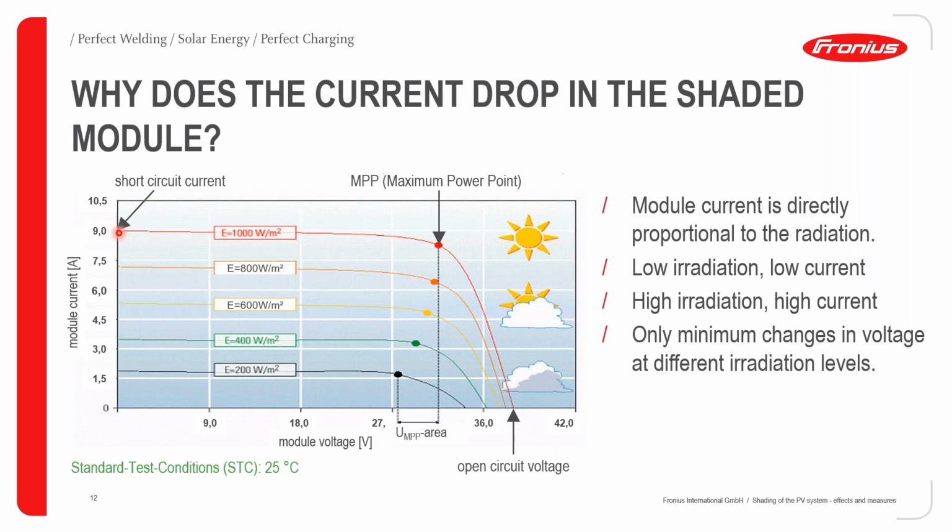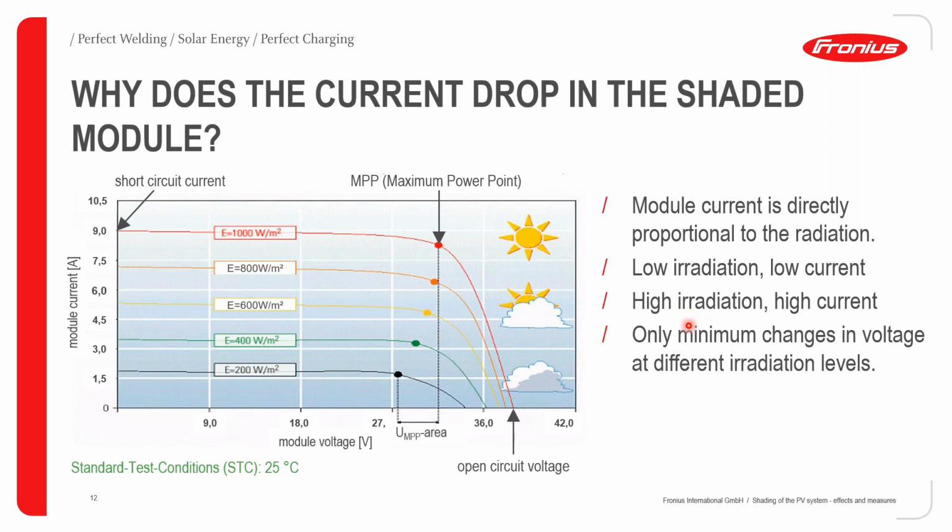As you can see, it drops dramatically from 9 to about 1.6 amps, which leads to a low irradiation level. So this basically tells us that the lower the irradiation, the lower the current, and the higher the irradiation, the higher the current.